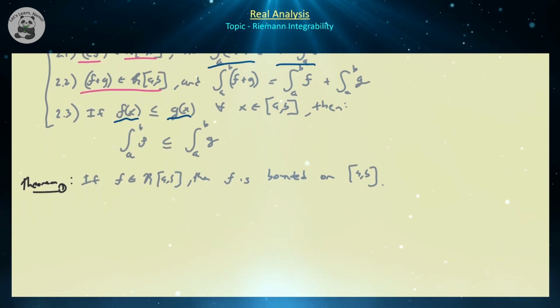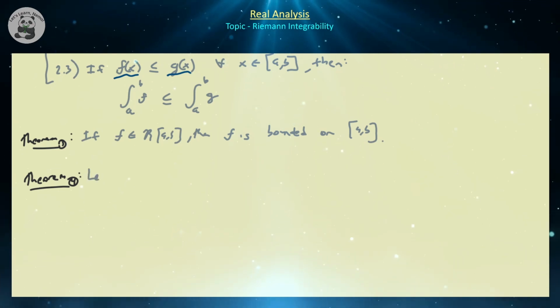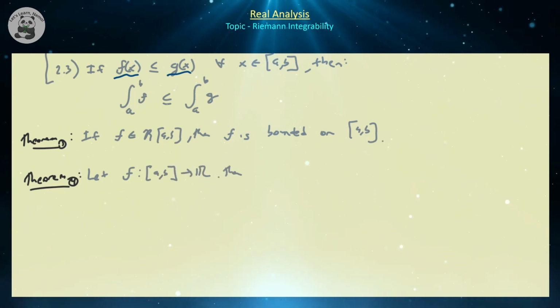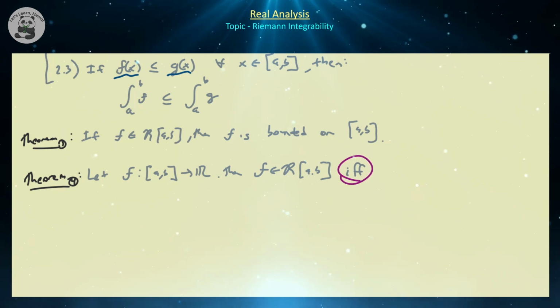Now, let's get into the more serious theorem when it comes to the boundedness of functions. It says the following. Let's assume that f maps the closed interval [a, b] to R. Then the function is Riemann integrable on [a, b] if and only if... So here's your super theorem.